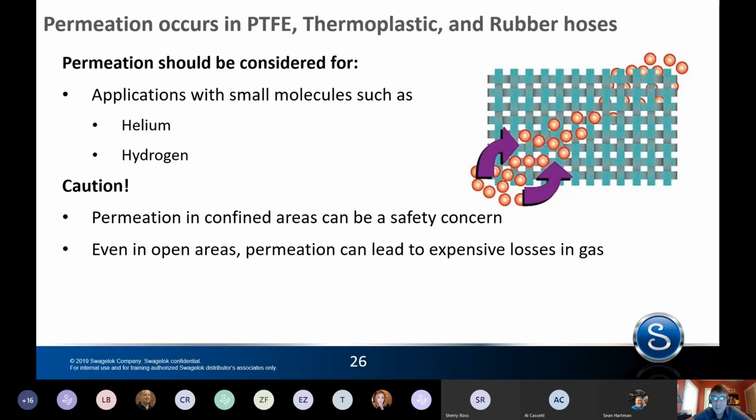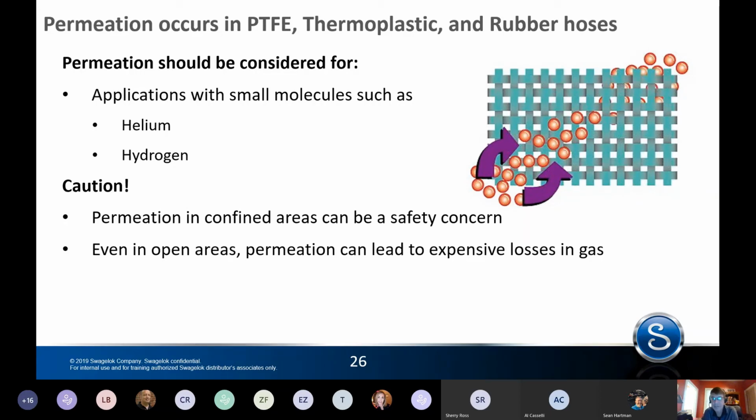But Teflon will permeate. And when you have a Teflon core hose that's 30 thousandths thick, 40 thousandths thick, whatever it might be, it will permeate gas through it. And it can become a concern. It can be a concern for 2 reasons. One is the gas that's permeating out of the hose can be expensive. It can be a calibration gas for an analyzer or whatever it might be.